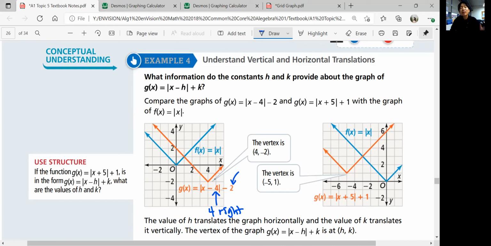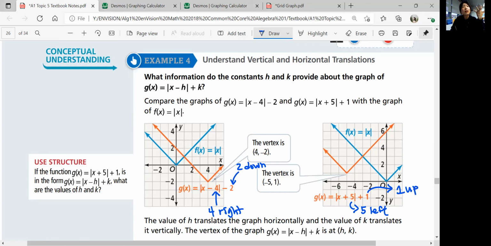Minus 2 outside the absolute value is 2 units down, right? What about this one? It's plus 5, so left. Okay, outside the absolute value sign, it's either up or down. Plus 1 is 1 unit up.